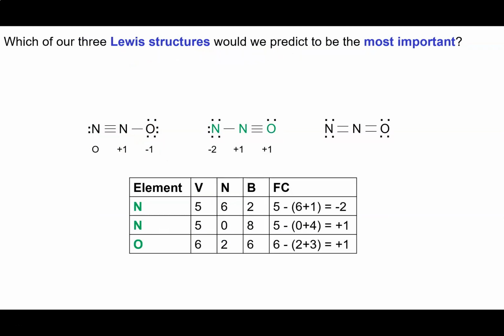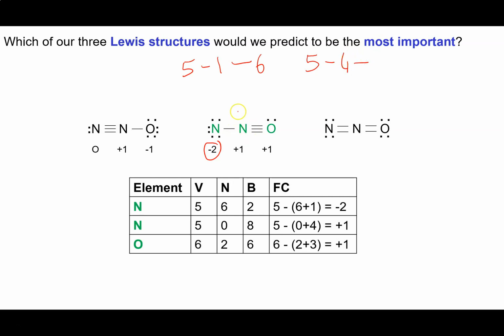Now we've got this guy on the end, the nitrogen, so it's going to be 5 for the valence electrons, 1 for the bonding electrons on 2 because there's one bond there, and then finally 1, 2, 3, 4, 5, 6 for the non-bonding electrons. So 5 minus 1 minus 6 gives me a total of minus 2. Moving on to the next nitrogen, it's 5 because that's its group number. Then the bonding electrons on 2, so that's the number of bonds, 1, 2, 3, 4, 5 minus 4.